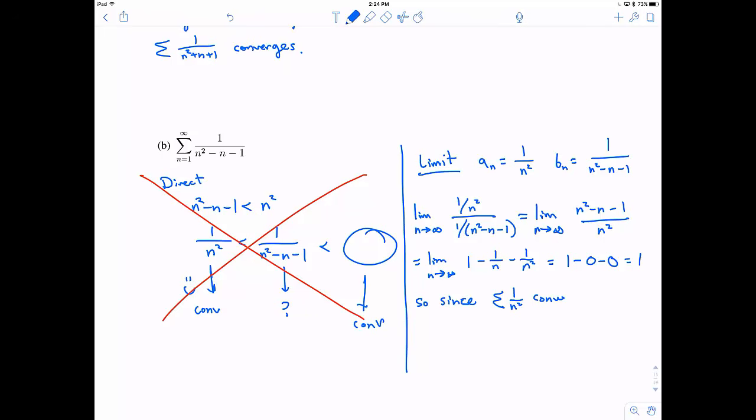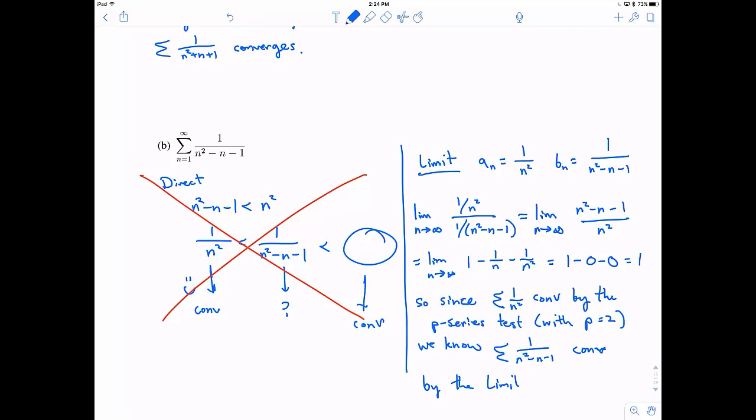So we've tied their fates together, right? So since the series 1 over n squared converges, again by the p-series test, p is equal to 2 in this case, we know that our series, 1 over n squared minus n minus 1, converges by the limit comparison test.